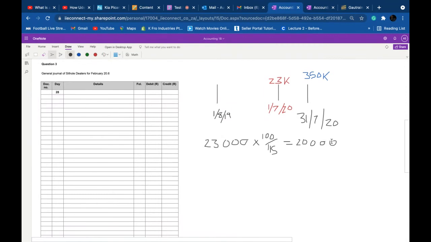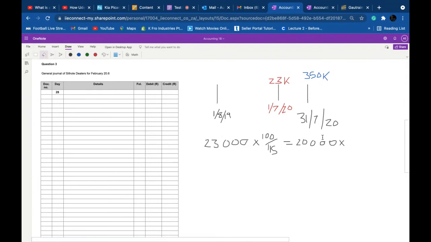So already we can calculate depreciation on this new machinery. We can say 20,000 times, what is the depreciation rate? They don't give it to us. They say depreciation is over 5 years.